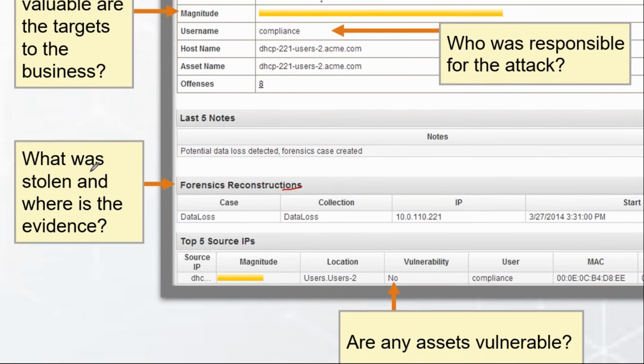So any sort of evidence for any sort of activity, you can find it in the log source, right? So this is forensics reconstruction.